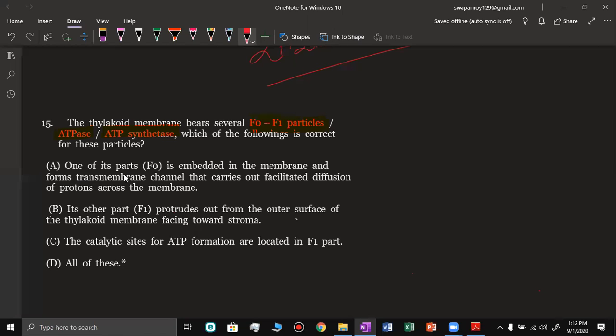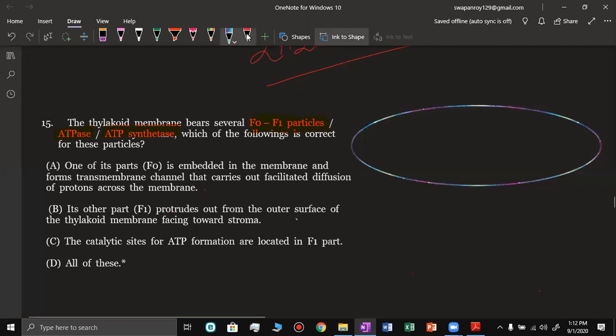Statement 1: one of its parts, F0, is embedded in the membrane and forms a transmembrane channel that carries out facilitated diffusion of protons across the membrane.